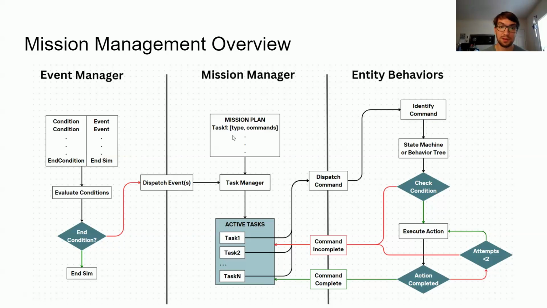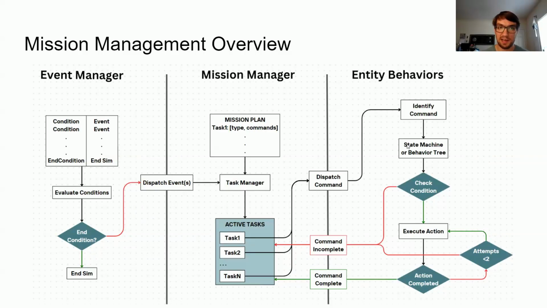Maybe it's time to do a certain task that depends on it. And that's controlled by a task manager, which in here basically partitions it, sends the tasks at the appropriate times as commands, and the commands make their way to the entity level, which then goes into the state machine.